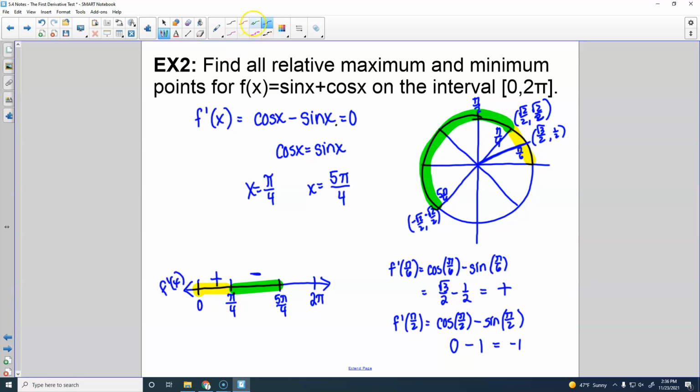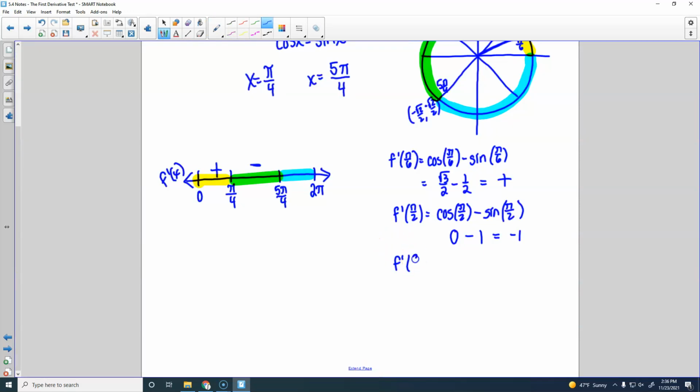And then it's probably going to be positive because it usually switches back and forth, but don't make that assumption because there are instances where it does not happen that way. So if we're looking here, I would probably pick 3 pi over 2. So if we do f prime of 3 pi over 2, then we're doing cosine of 3 pi over 2 minus sine of 3 pi over 2.